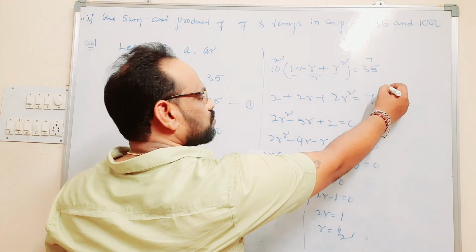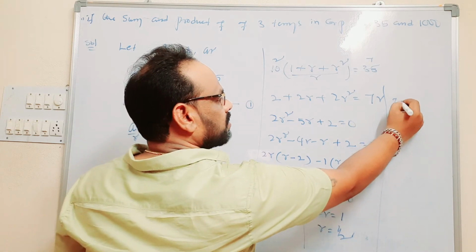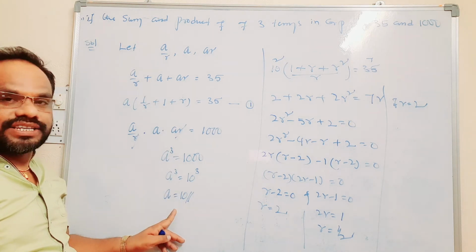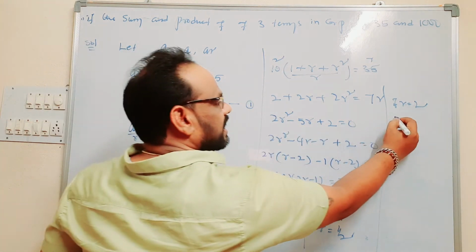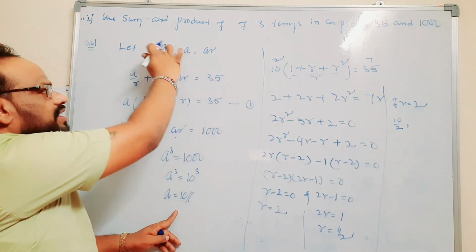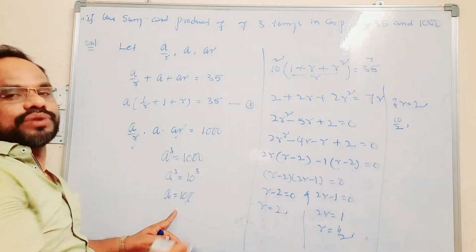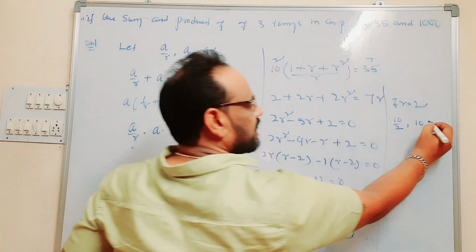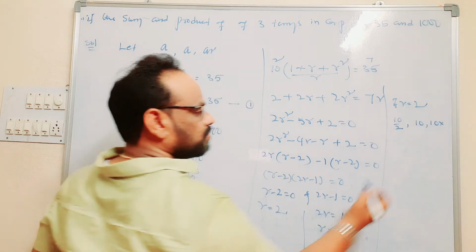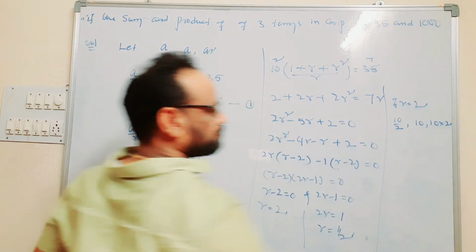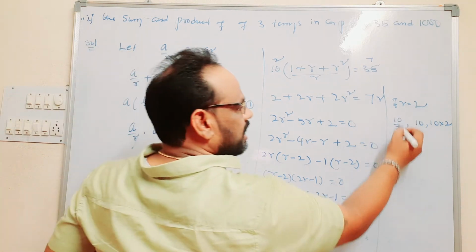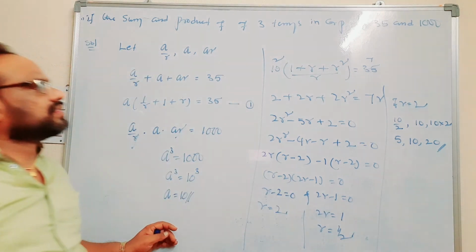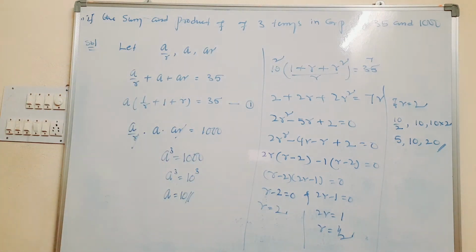If R is equal to 2 and A is equal to 10, then A by R is 10 by 2, which is 5. A is 10, and AR is 10 into 2, which is 20. So 5, 10, 20 are the three terms of the given geometric progression.